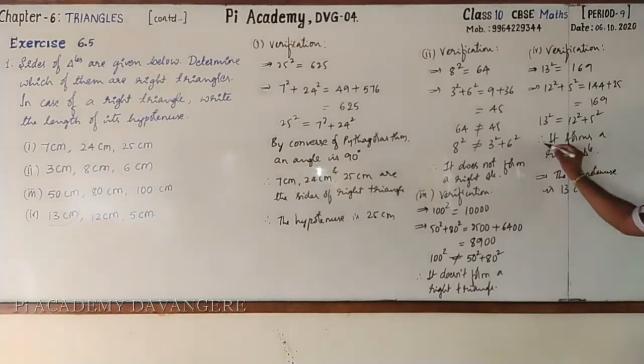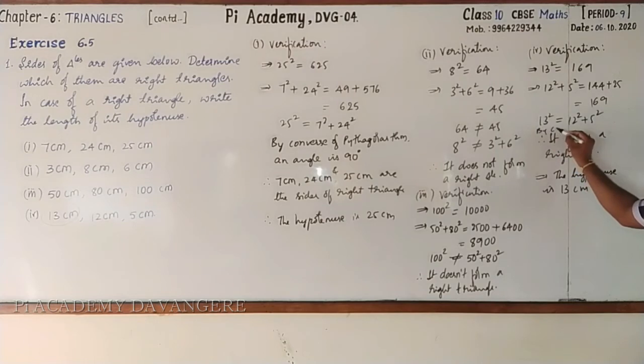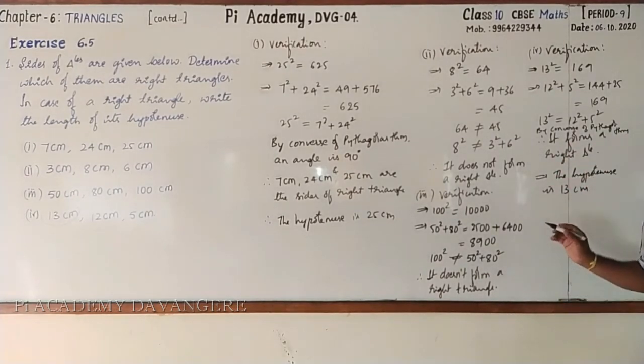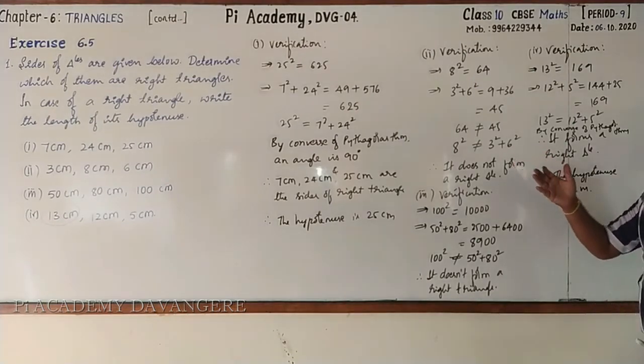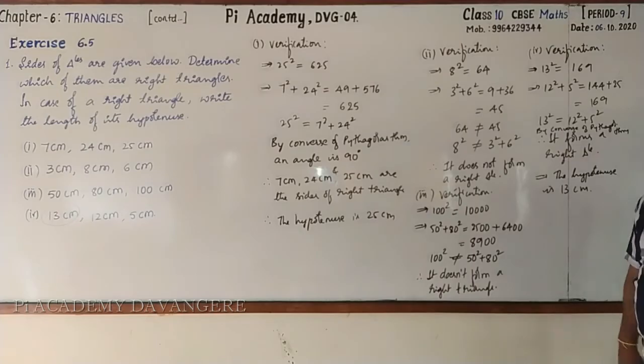Got it? Here you can write by converse of Pythagoras theorem, it forms a right triangle. Clear? Yes. Now, if you have not written, please go for copying this.